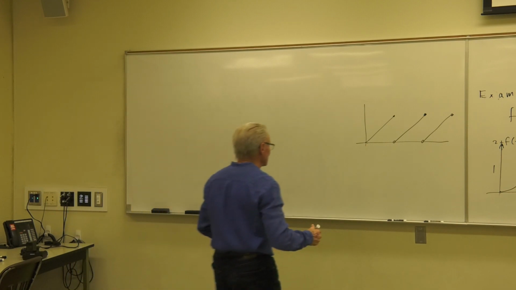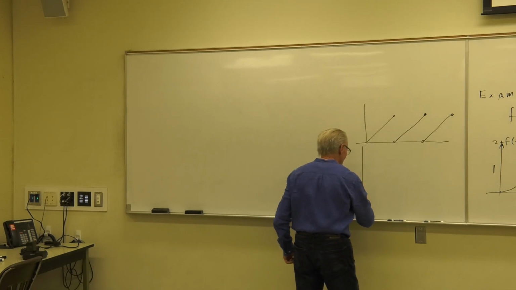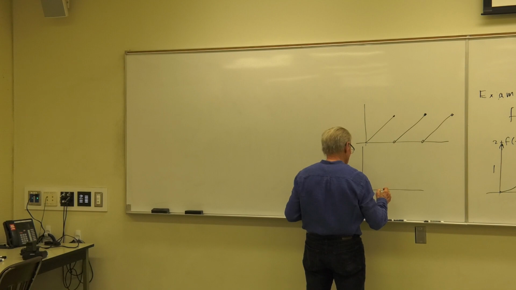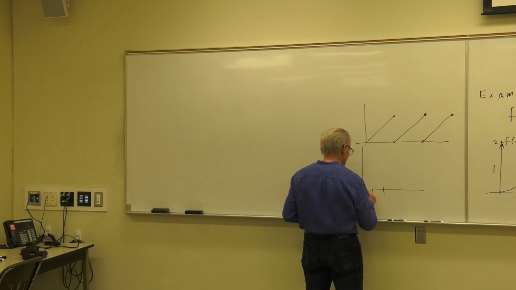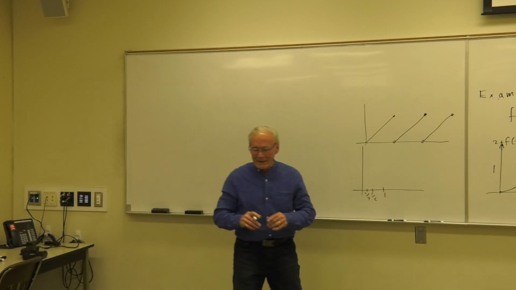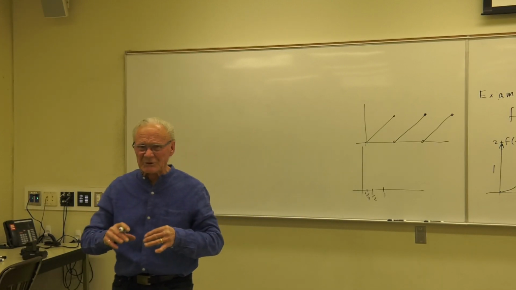But I don't want to allow something that looks like the following. A function that has a discontinuity here, here, here. So basically this is 1, and that's a half, and this is a quarter, and then there's an eighth. I wouldn't want a discontinuity here, here, here, an infinite number of them in that nice little interval between 0 and 1.